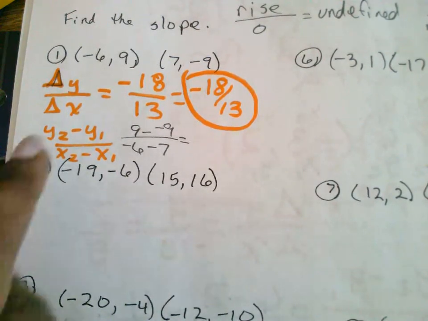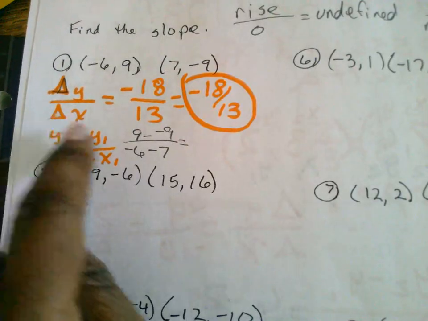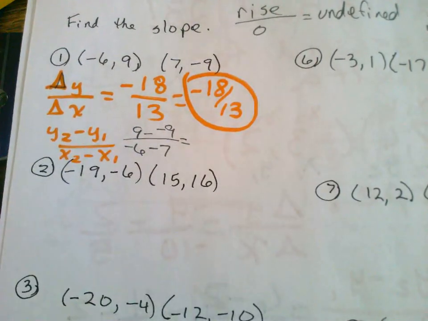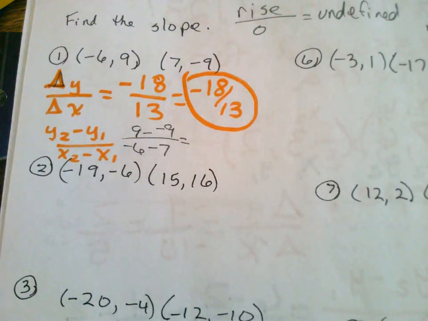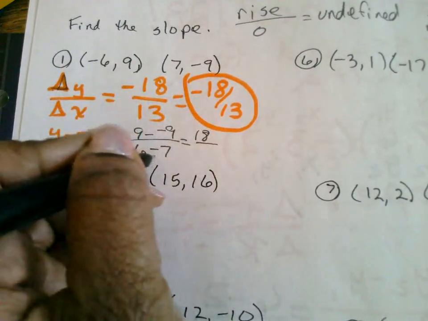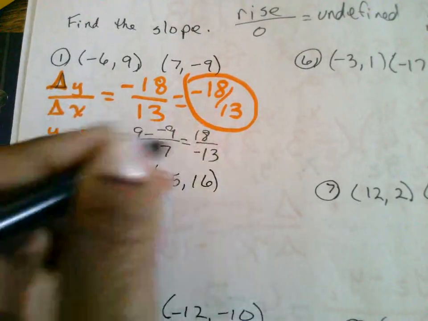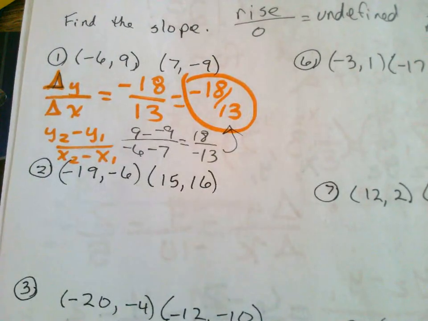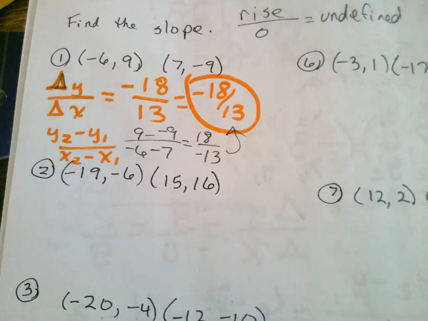So I prefer counting the changes. If you use the formula, make sure you're strong with adding and subtracting integers. That's all I ask, okay? All right, so this is going to be 18, and then this is going to be negative 13, and you still get negative 18/13.